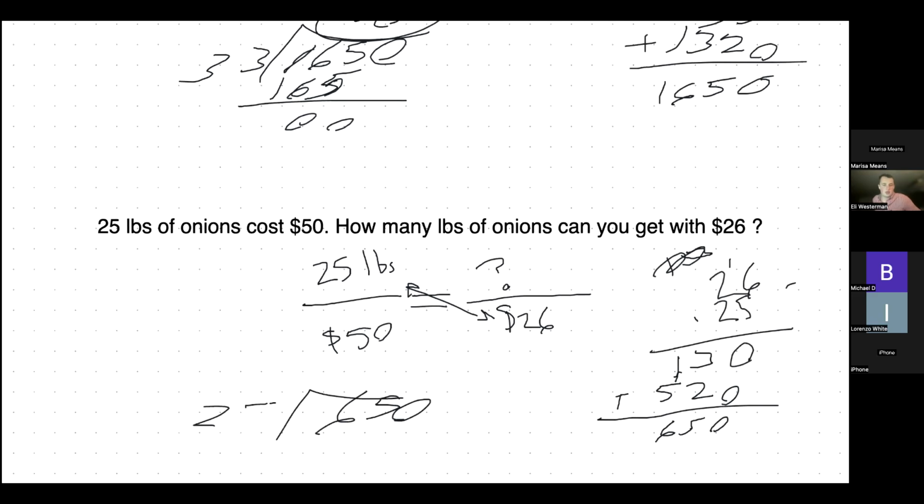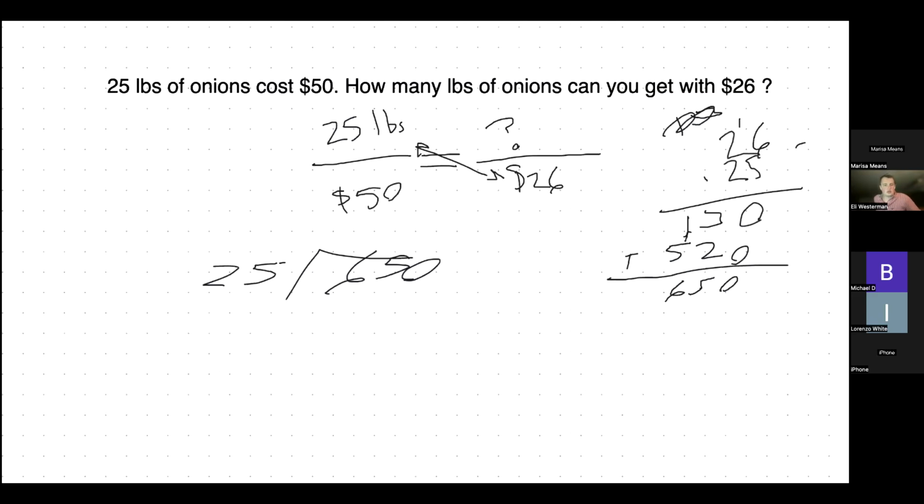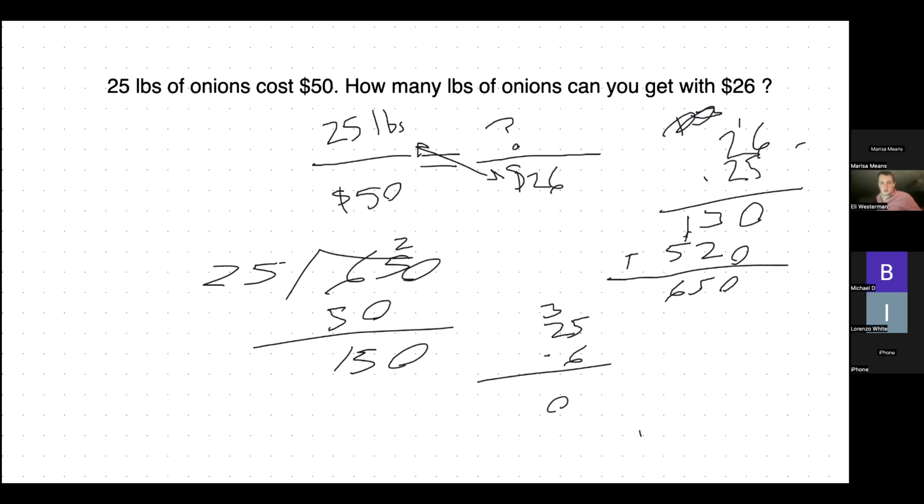And we have 650 divided by 25. Gotta bring this down. 25 goes into 65 twice. That's 50. And that's 15 and bring down the 0. So that's 150. 25 times 6, 30. Here's the 3. 6 times 2 is 12. Plus 3 is 15. So 150.